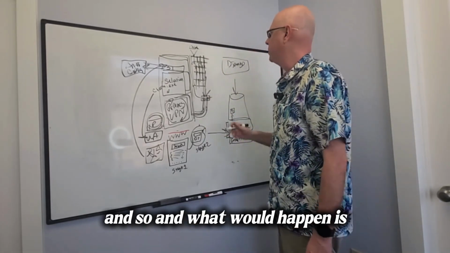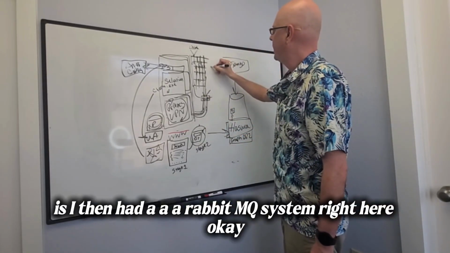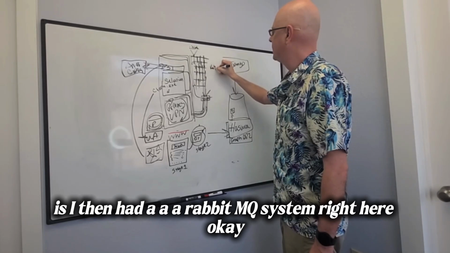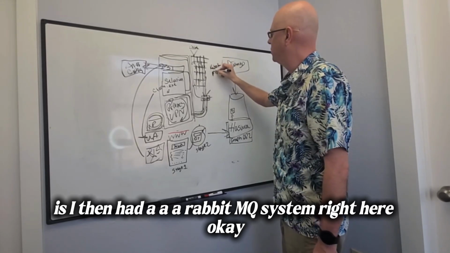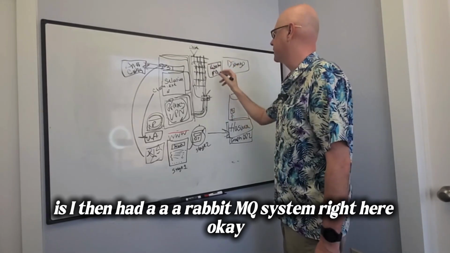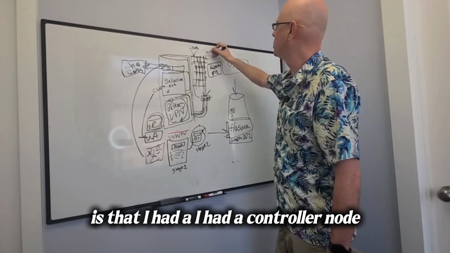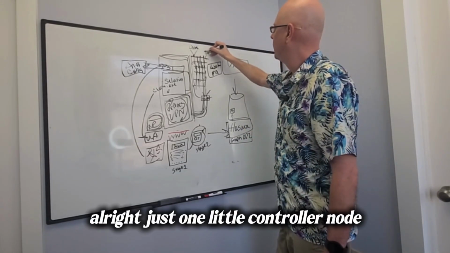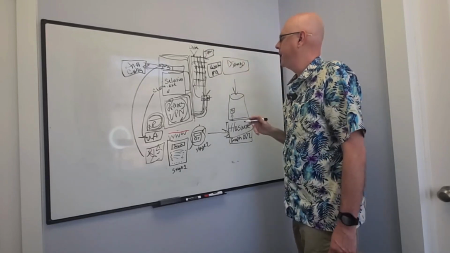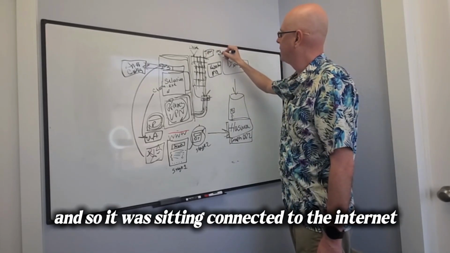And what would happen is I then had a RabbitMQ system right here. I had a controller node, just one little controller node, sitting connected to the internet.